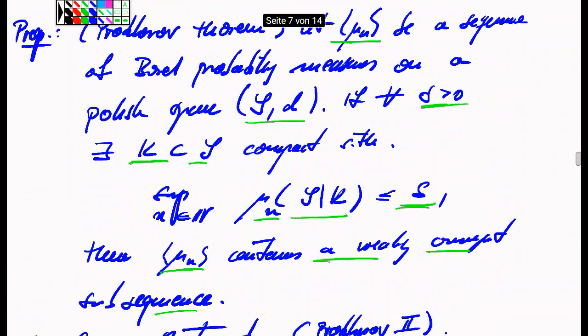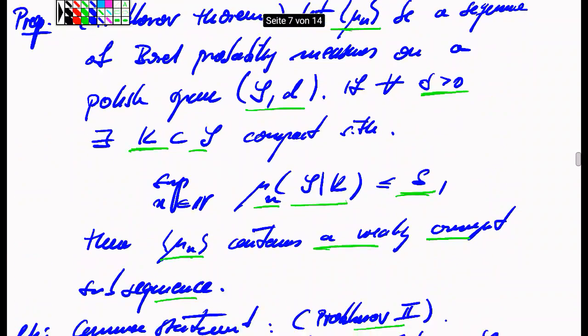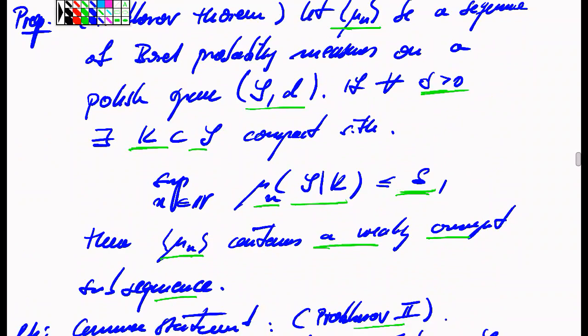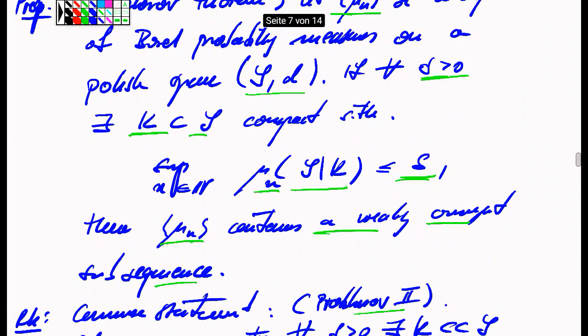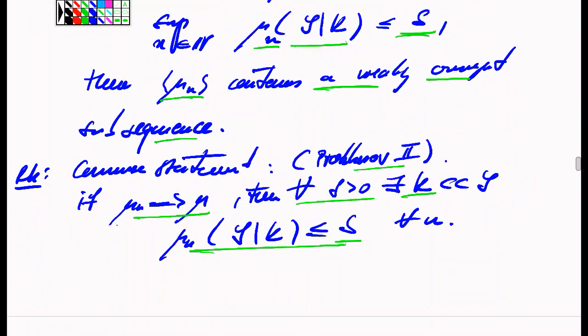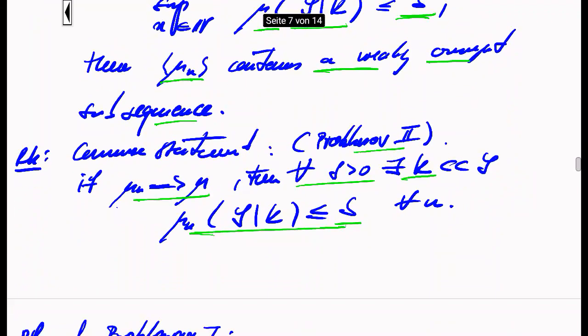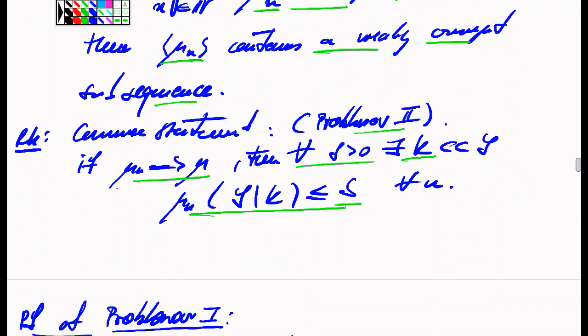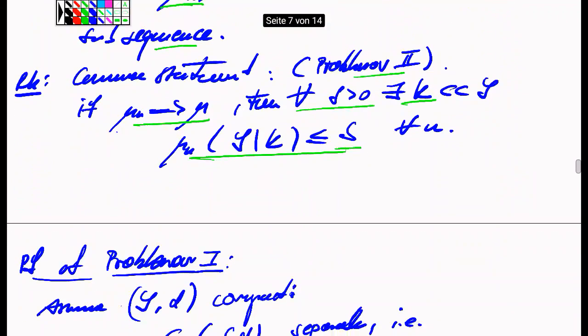Here in our lecture today, we shall only use the Prokhorov Theorem in one direction, namely as a criterion which we can verify in order to guarantee existence of weak limits after choosing a proper subsequence.